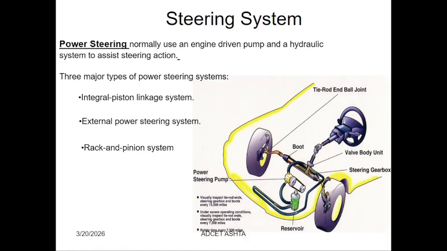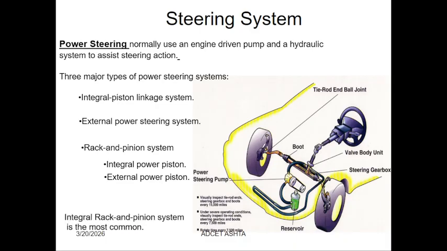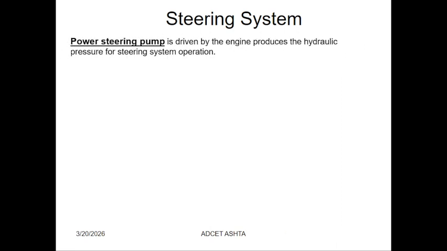First of all, there are three major types of power steering systems: integral piston linkage systems, external power steering systems, and rack and pinion systems. The integral rack and pinion system is most commonly used in steering systems.